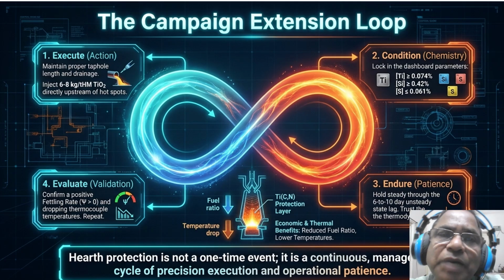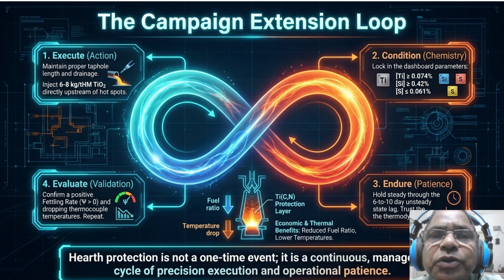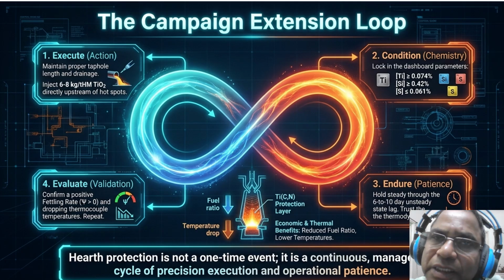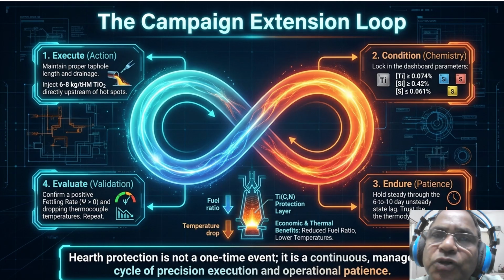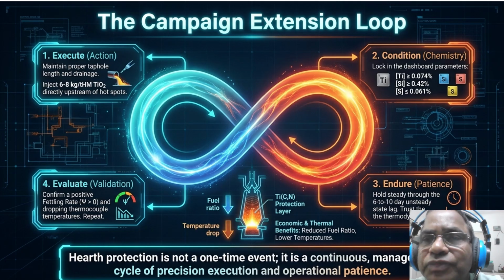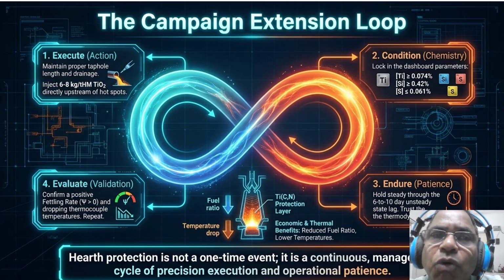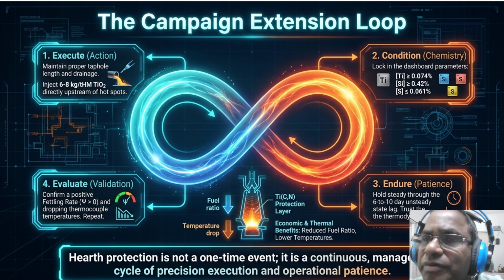Maintain your taphole length, inject upstream of the hotspot. Moving to step 2, which is condition. Look at your Ti, titanium, silicon, sulfur dashboard targets. Then step 3, endure, that is hold steady through the 10-day lag that we have discussed, and trust the thermodynamics.